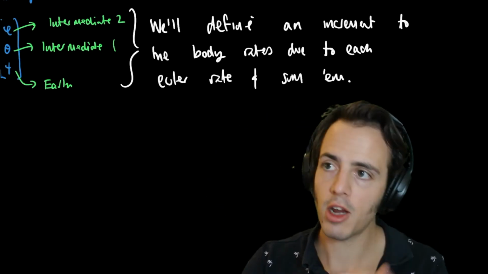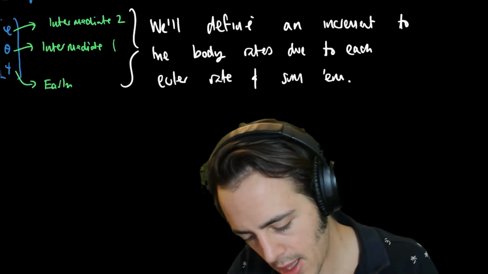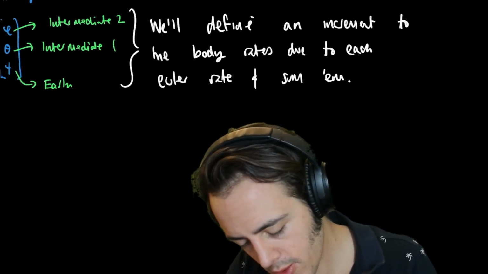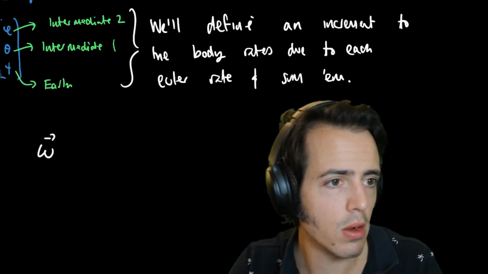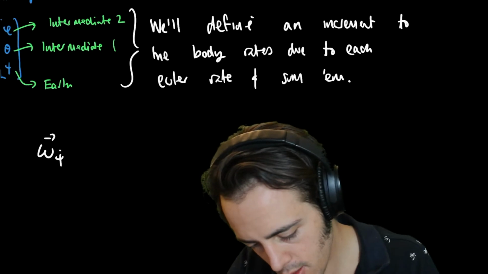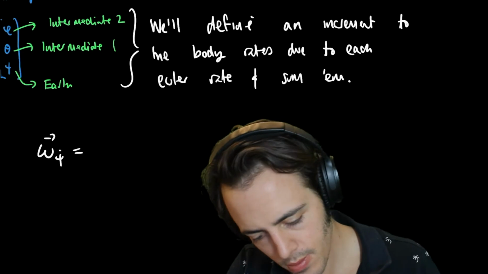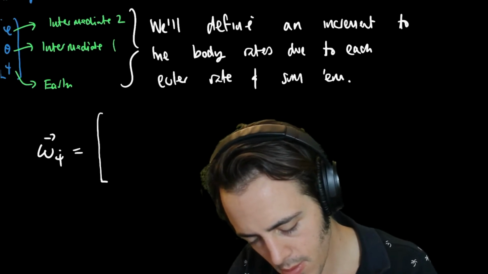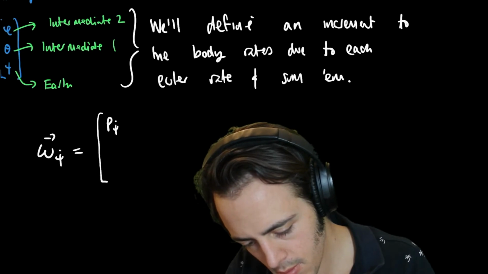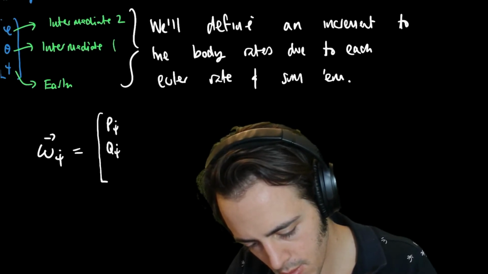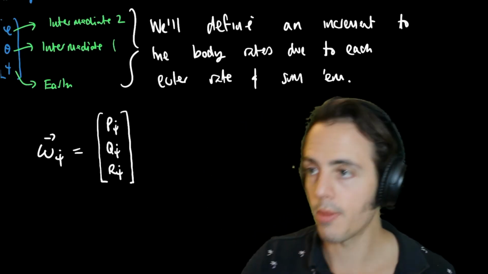So we're going to define an increment due to each of those Euler rates, and we're just going to add them up. So we want one due to, what order are we going to, let's go in. We're going to work out some sort of vector like this.